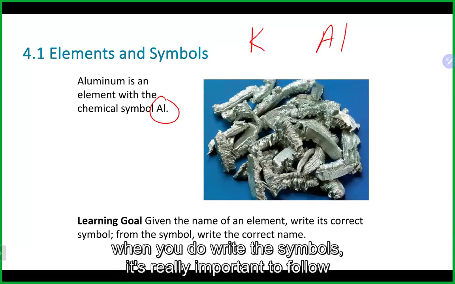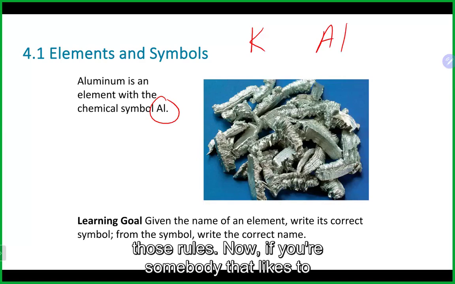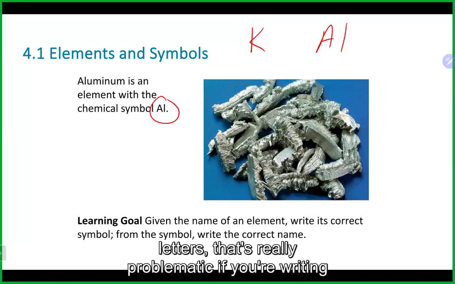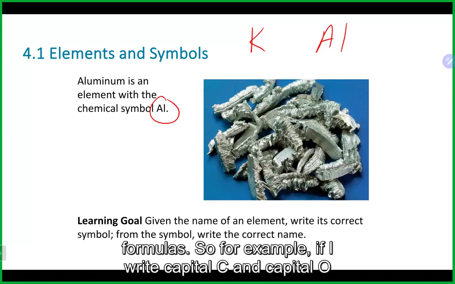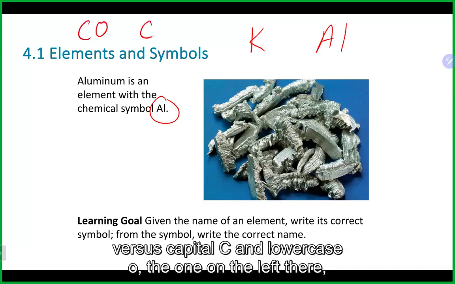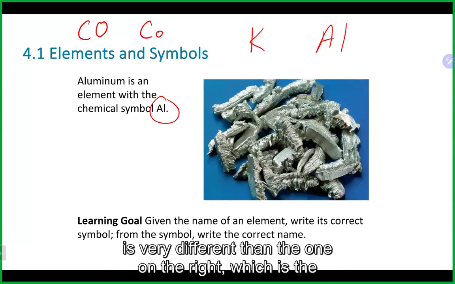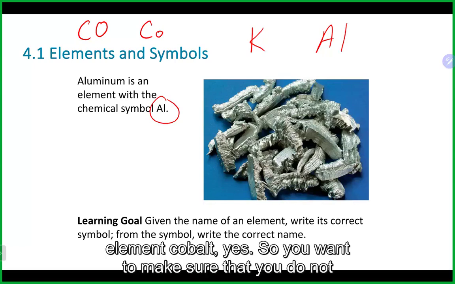So when you do write the symbols, it's really important to follow those rules. If you're somebody that likes to capitalize everything that you write and only use capital letters, that's really problematic if you're writing formulas. For example, if I write capital C and capital O versus capital C and lowercase o, the one on the left, capital C, capital O, is carbon monoxide, which is very different than the one on the right, which is the element cobalt.